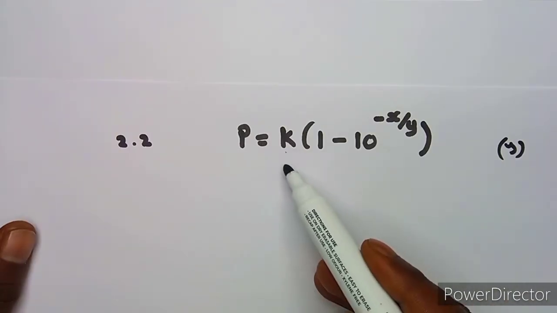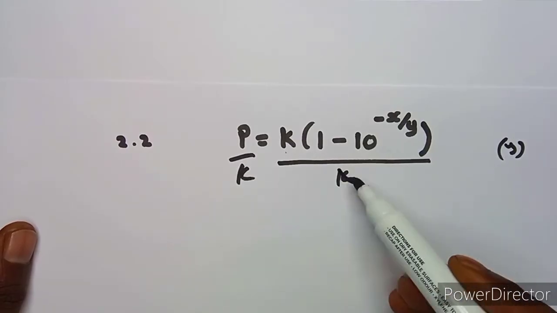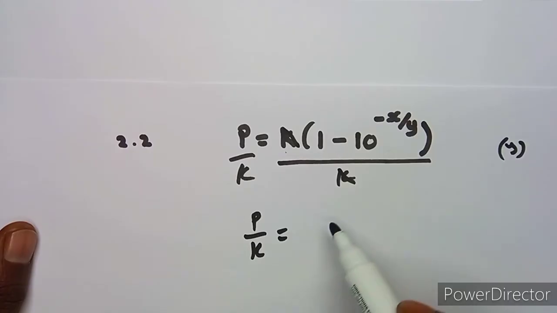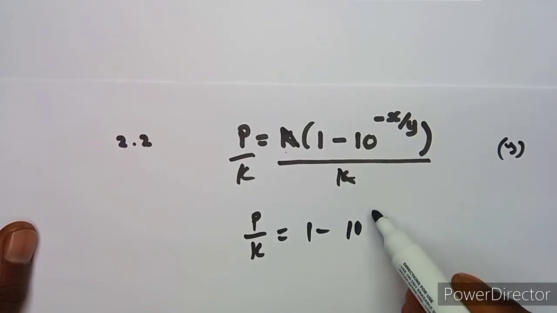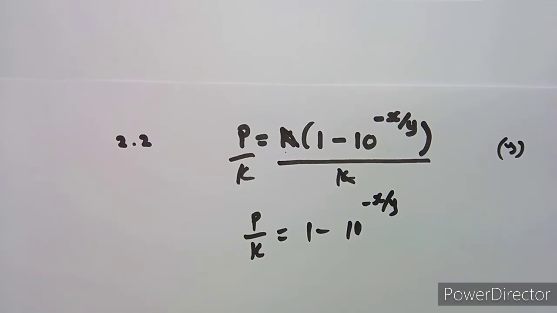Okay, I can just divide by k, because this k has nothing to do with this part, so that I'm going to be left with p over k equivalent to 1 minus 10 to the exponent of x over y, like that. I want to make y the subject, but as I can see, this is surrounded by a negative base.